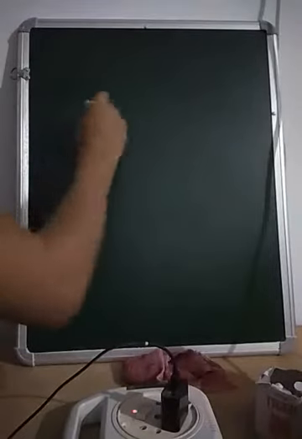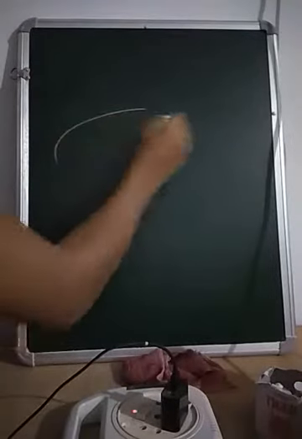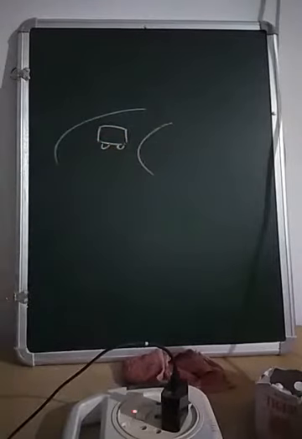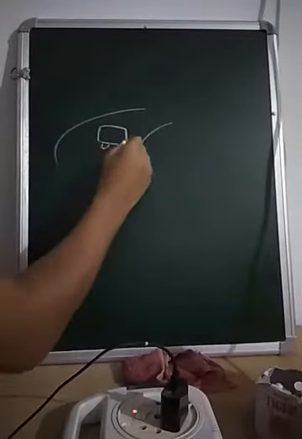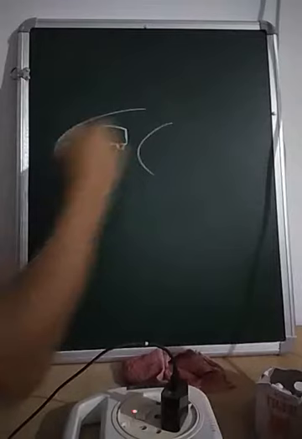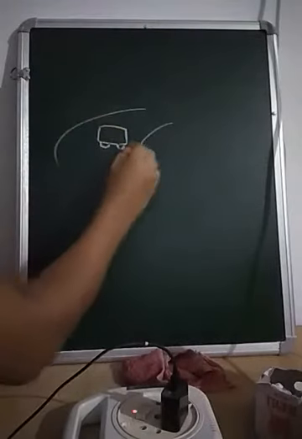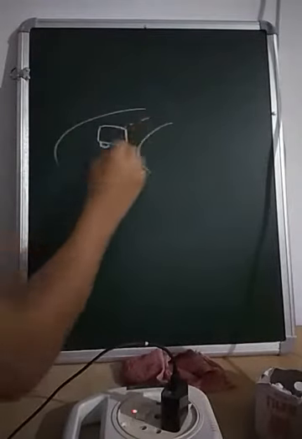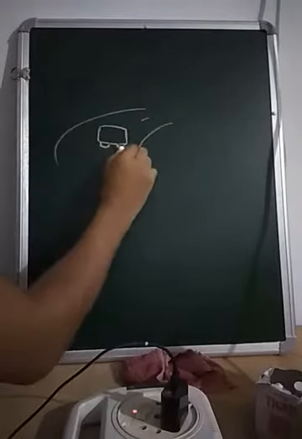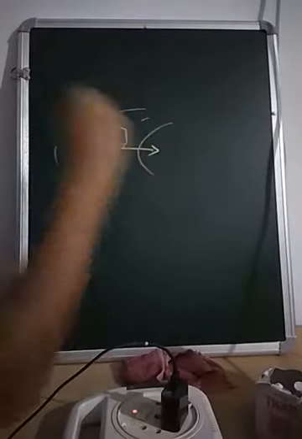Similarly, in case of a car, suppose a car is moving in a circular track. Here the car can take a turn in a circular track because of the presence of centripetal force.